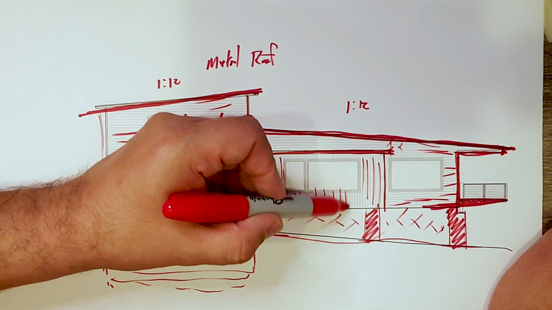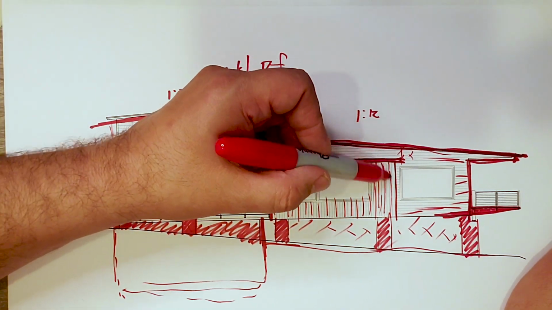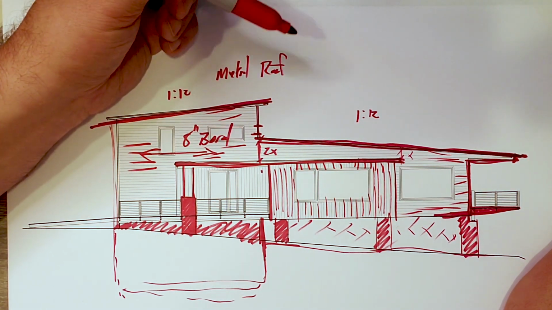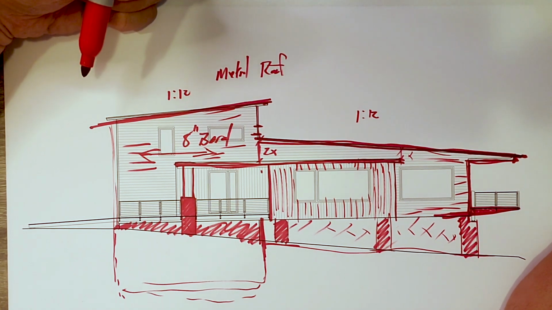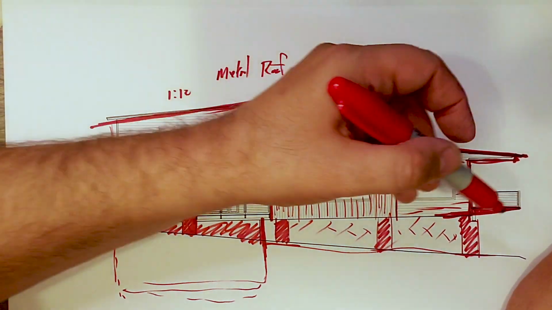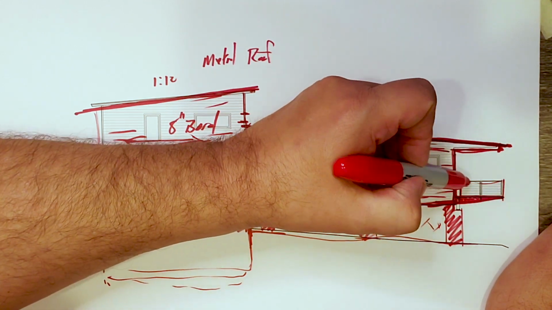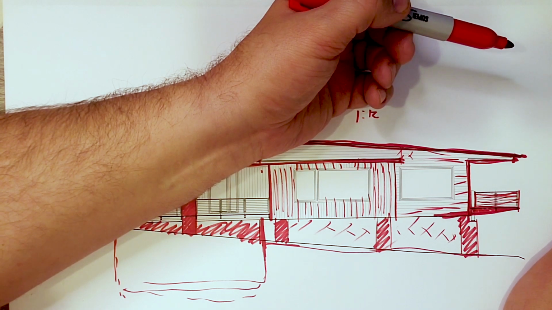Not only did we change that color to that really deep, rich charcoal, but we did a vertical nickel gap siding there with a very tight joint that almost looks somewhat monolithic.